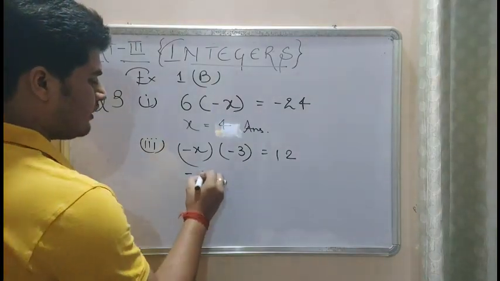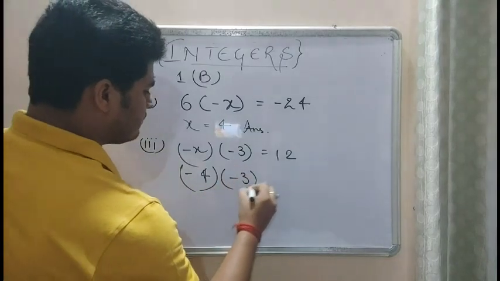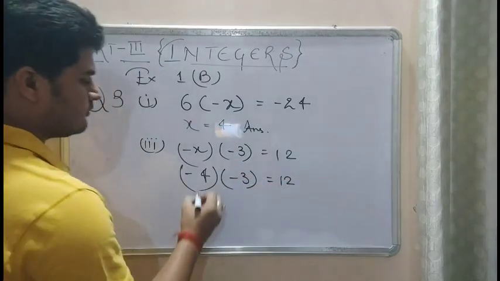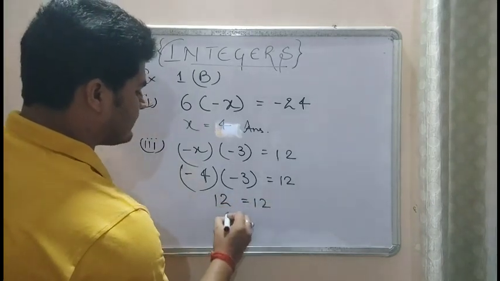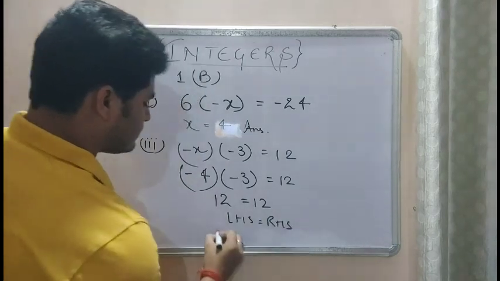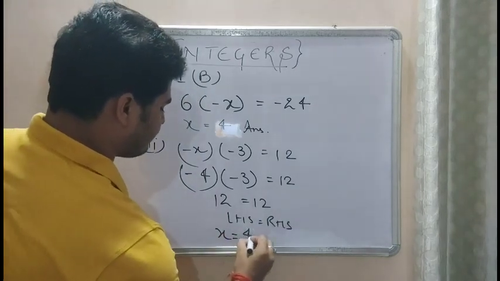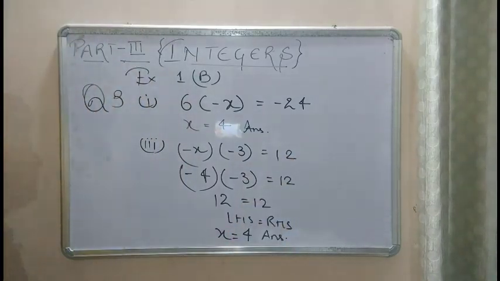Minus is already here. If 4 would have been here, minus into minus is plus, 4 3s are 12, 12 equals 12, LHS is equal to RHS. So x is equal to 4 is the answer. In this way also you can do.